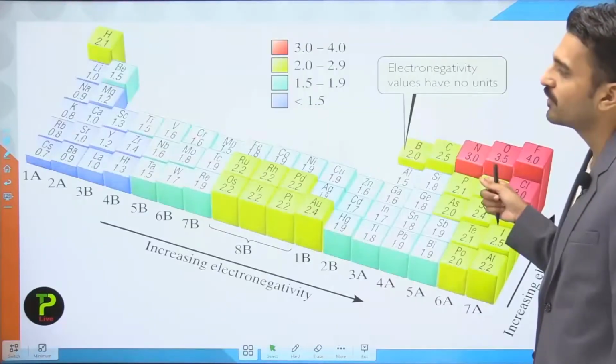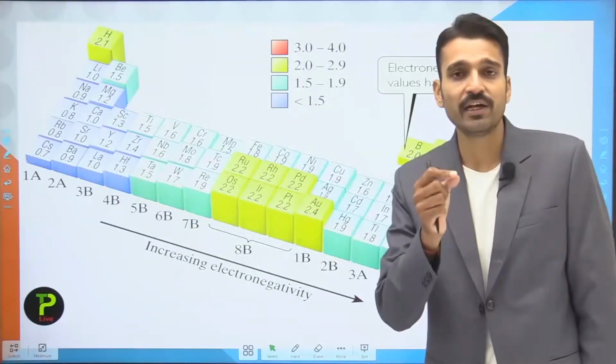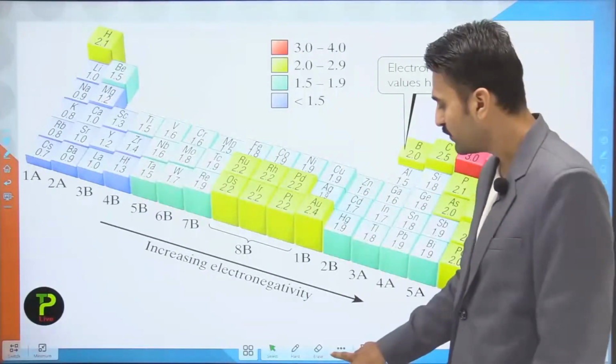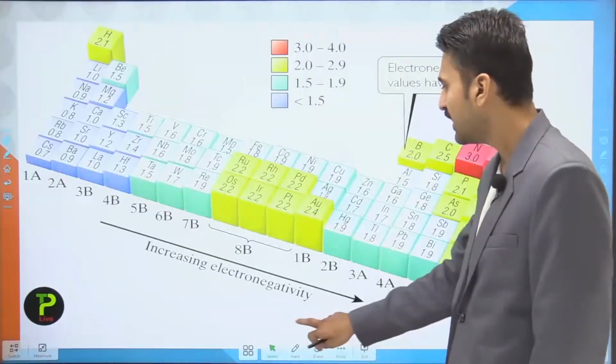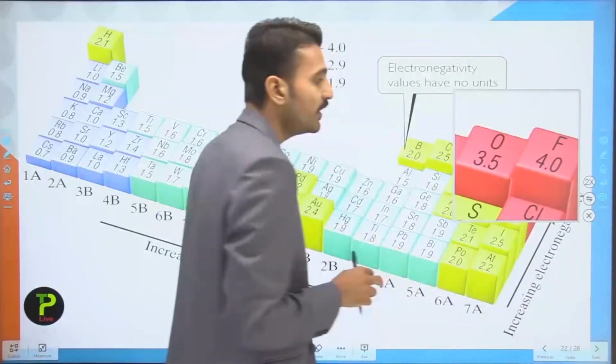So students, moving on, see the value of electronegativity for all the elements present in the periodic table. Here you can see clearly that the electronegativity of fluorine is the highest, having the value of 4.